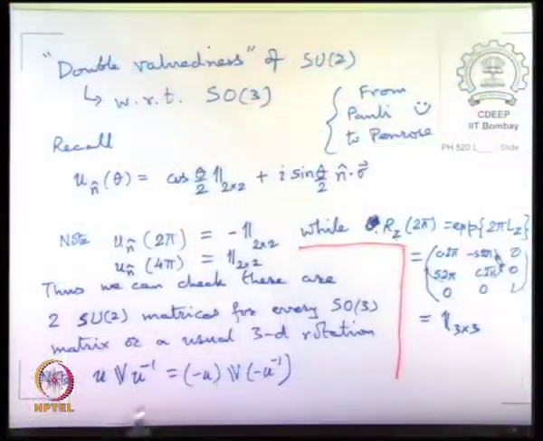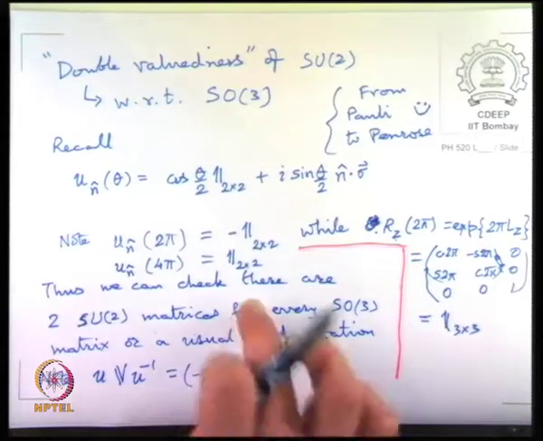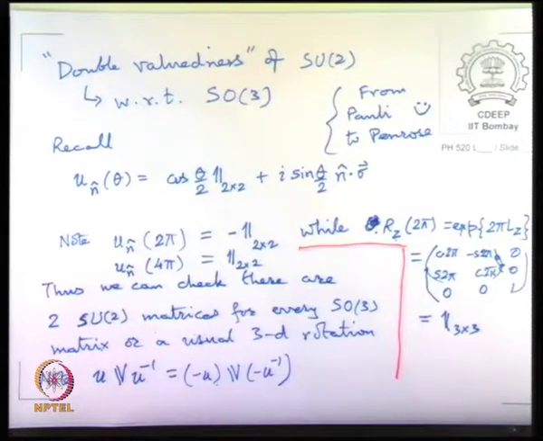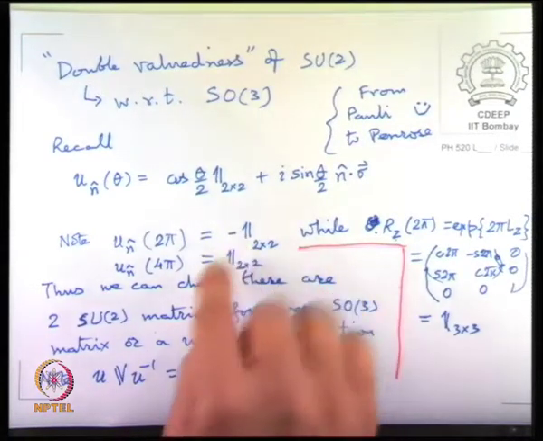So U and minus U are both doing the same thing to vectors V, and for which there will be only one corresponding rotation matrix, an ordinary rotation matrix. So there is a two valuedness, and that was what was observed here.